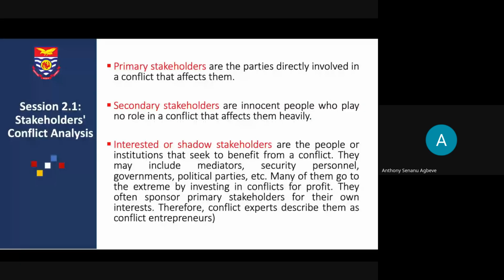And then the secondary stakeholders. Here we are saying these are innocent people who play no role in the conflict that affects them heavily. They play no role. So, for an example, I'll use the Bawku conflict in this case.